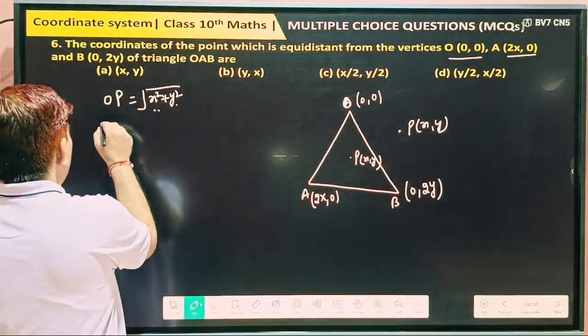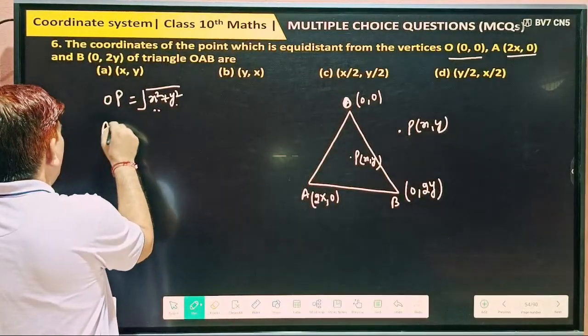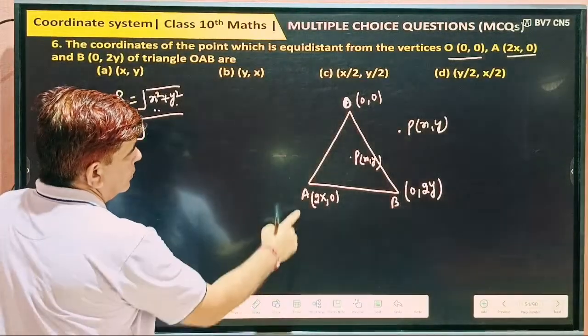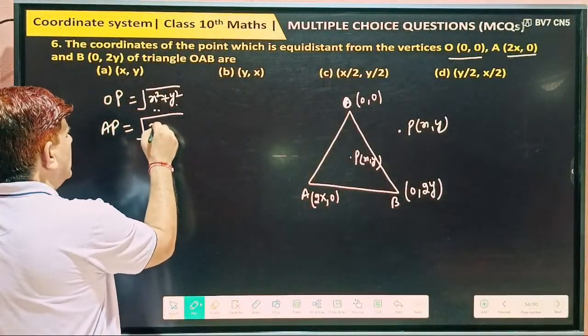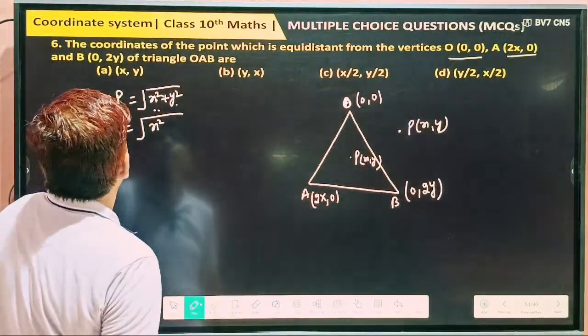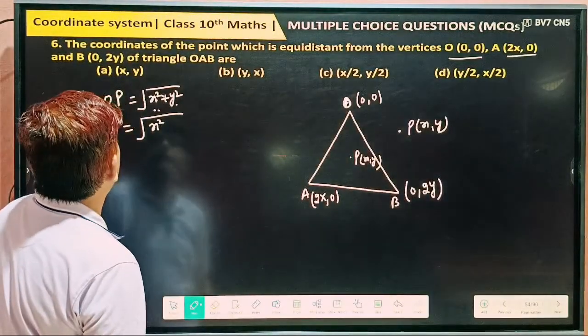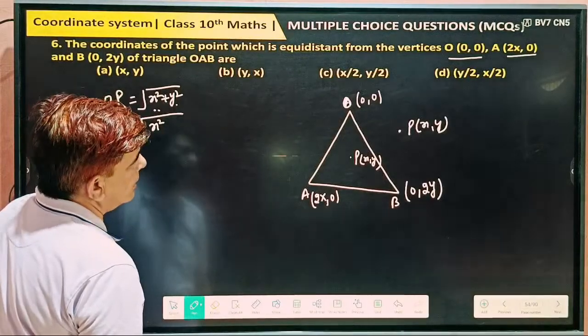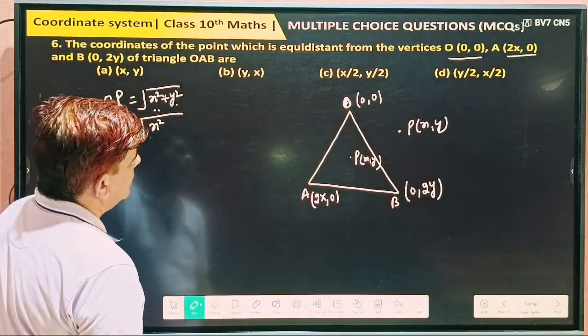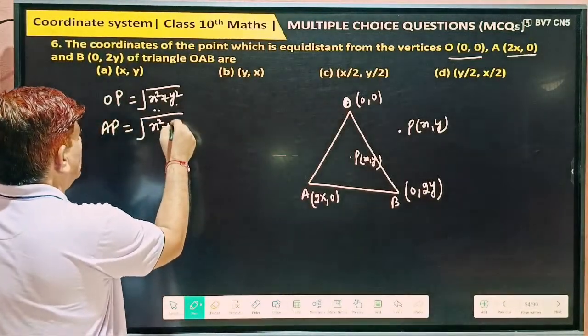Understood? Then find out AP. AP equal to what? Under the root 2x minus x whole square plus y square.